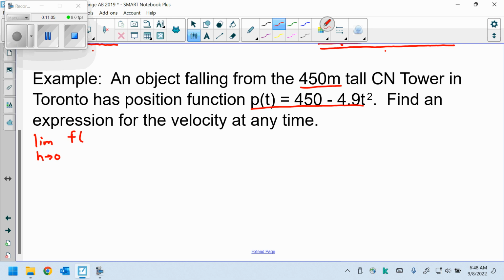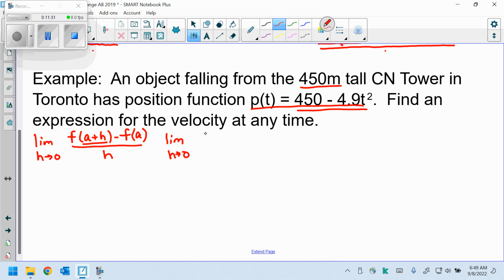I've got to take f of a plus h minus f of a. Divide that all by h. So I got to put an a plus h into this function right here. I got to take the limit as h approaches 0.